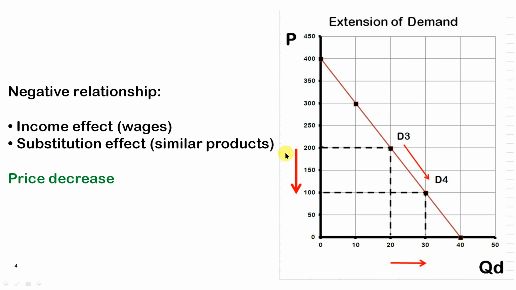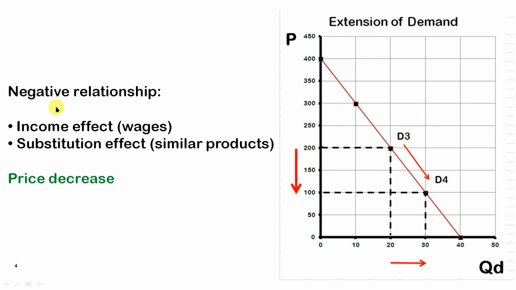We see that this decrease in price from 200 to 100 results in an increase in quantity demanded from 20 to 30. This is known as an extension of demand, an expansion or extension of demand.